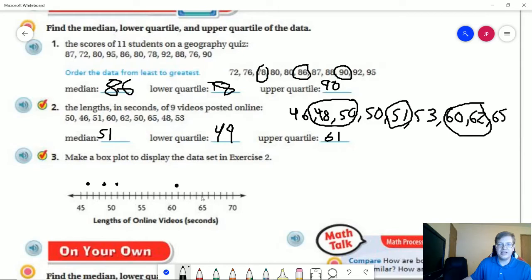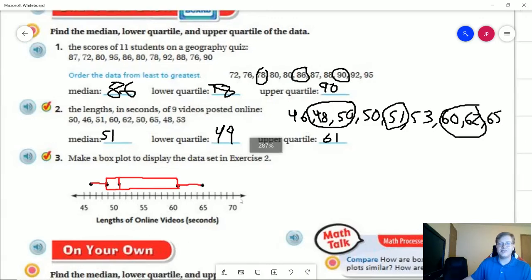And then our highest value is going to be at 65. And so I may change the color here real quick just to make it hopefully a little bit easier to see what's going on. And then we draw our vertical line through the median and draw our line segments to extend out to our highest and lowest data values.